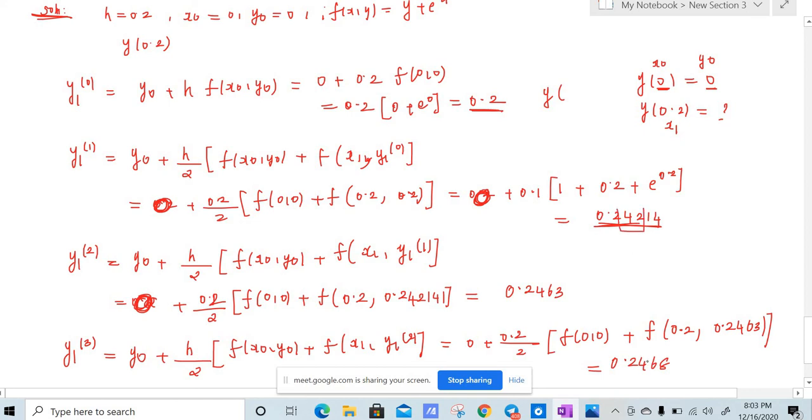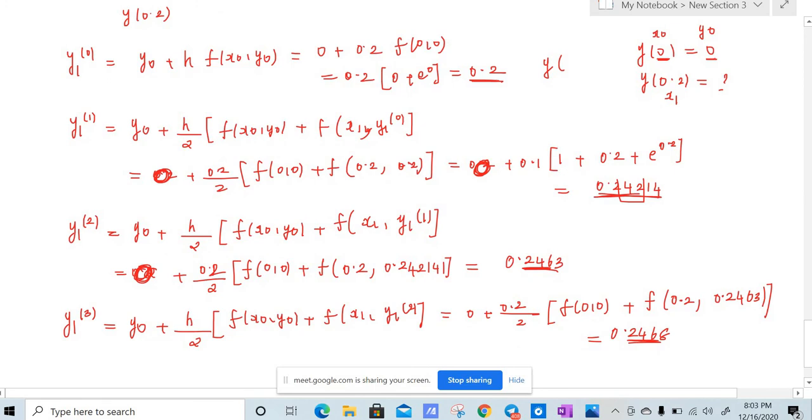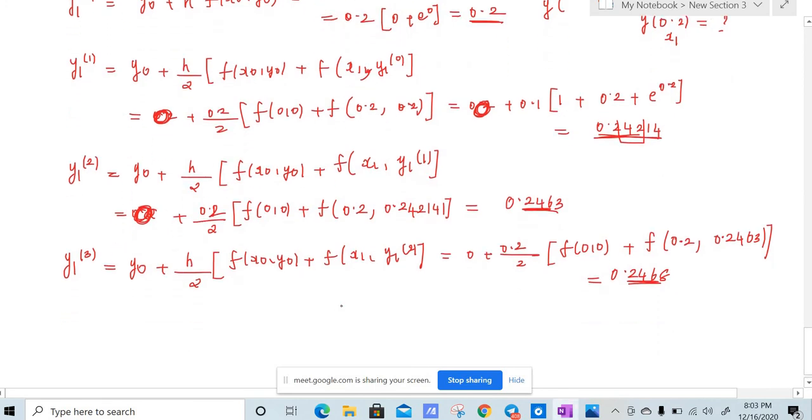And you can see up to 3 decimal places, this is 0.246, this is 0.246. So therefore the value of y of 0.2 is equal to 0.246, right? So suppose if you want to have 4 decimal places, you find y1 of 4.